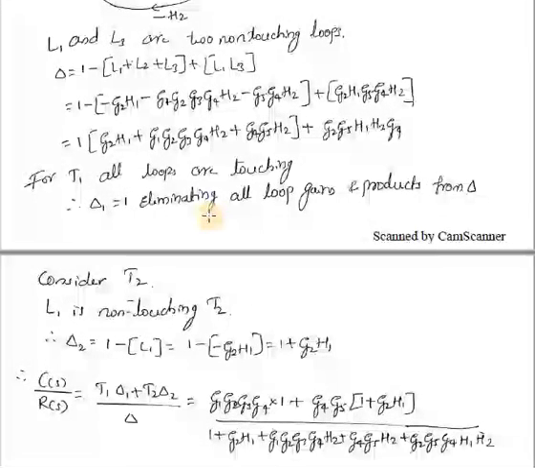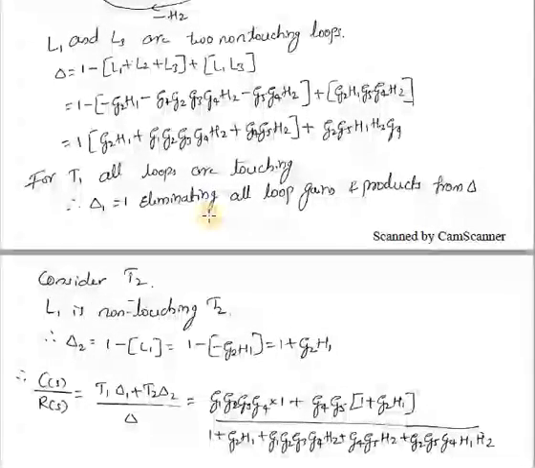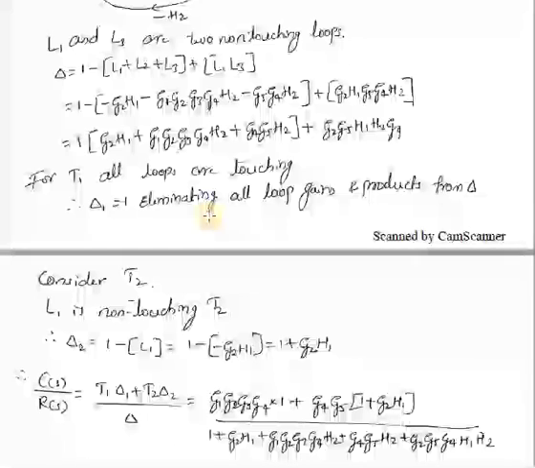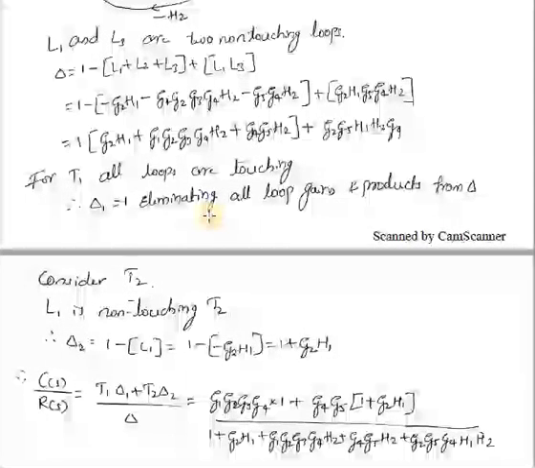To solve problems on signal flow graphs, the first important step is identification of the forward paths, that is the number of forward paths and their gains. Then identification of the feedback loops, that is the number of loops and their respective gains.